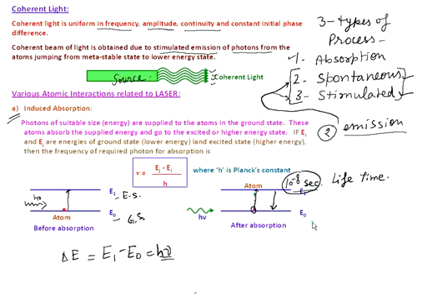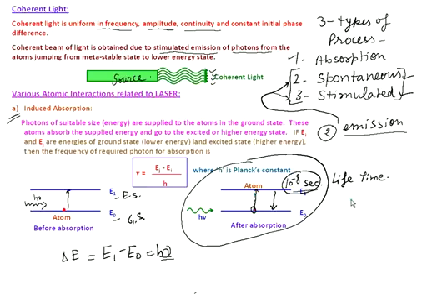In addition to this, I want to clear one more thing: this is an example of only one atom. This explanation of the absorption, whether you call it induced absorption or stimulated absorption, is only for one atom.